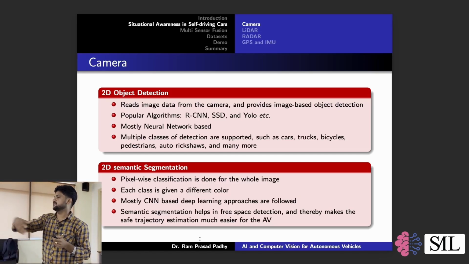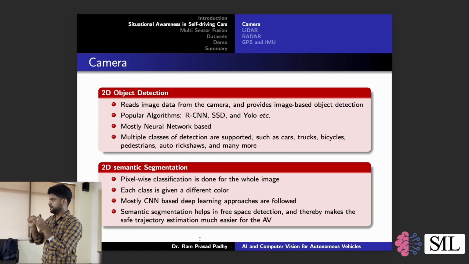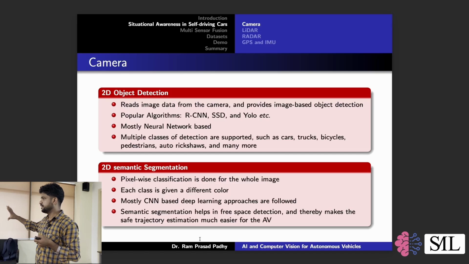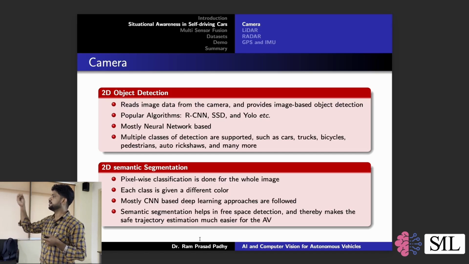There you will see the road, the different cars, and so on. 2D object detection will find different objects, but it will not tell you where the empty spaces are. If you want to know that, all the cars can be given a different color, all the roads a different color, even the sky pixels and building pixels can be given different colors. So pixel-wise we give a class.